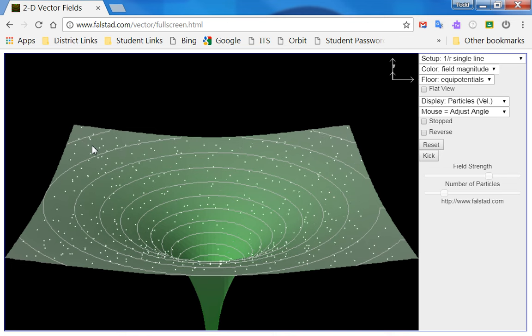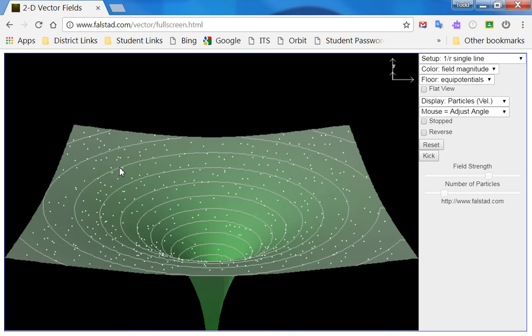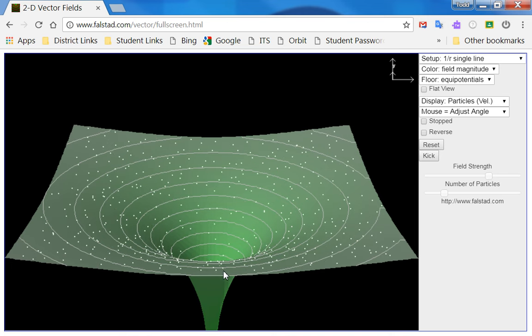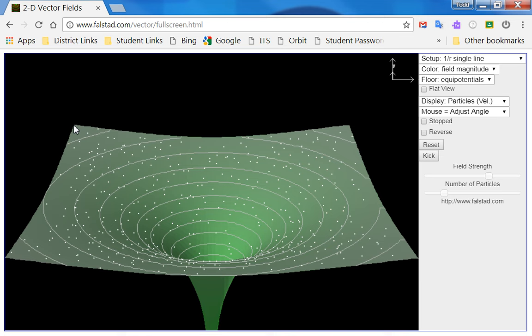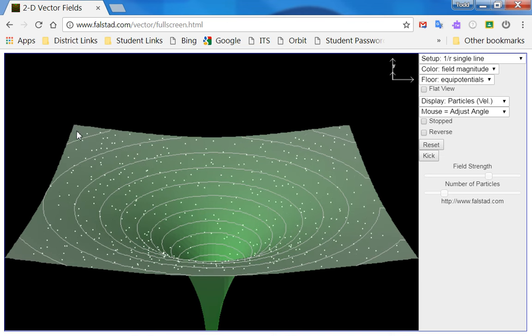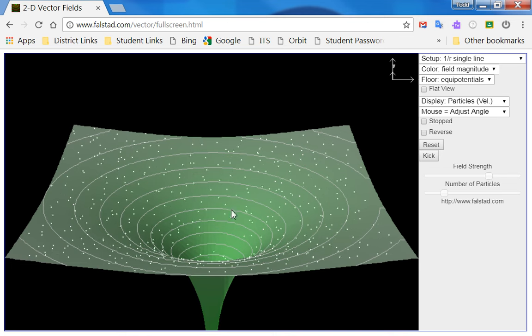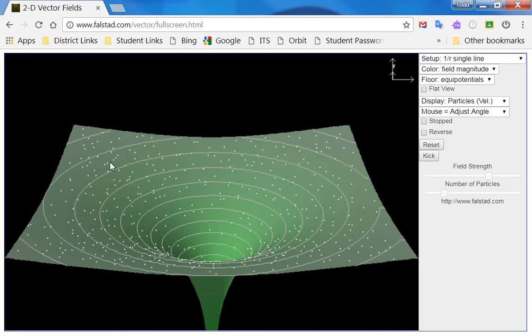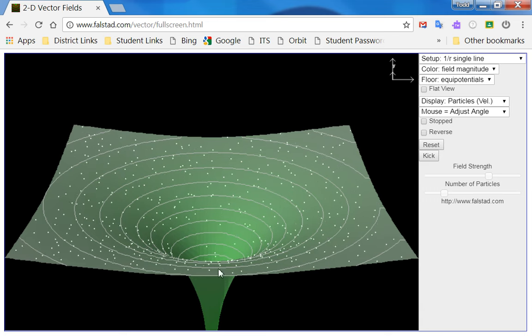What happens as it gets closer to this giant sink? They start to go faster, yeah. So what do you think the force is? As you're farther away, the force is smaller, and as you get closer to the sink, the big mass that's causing the warping of space, what's happening to these particles? More force, so they have more acceleration.